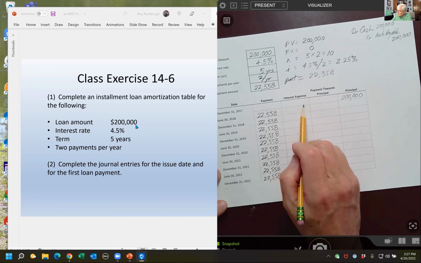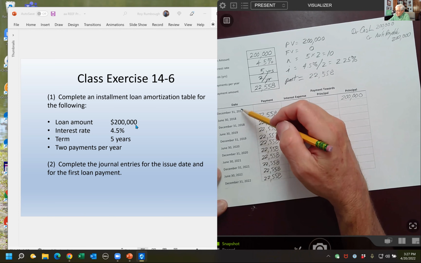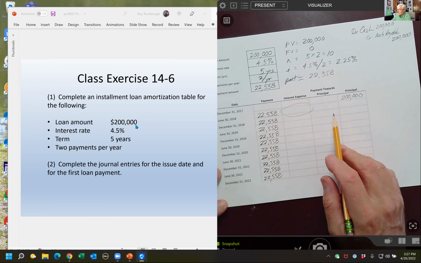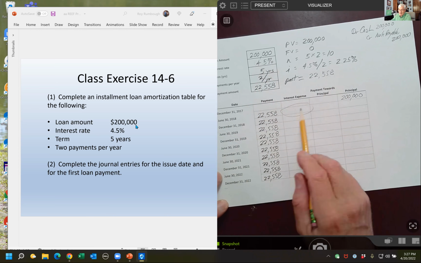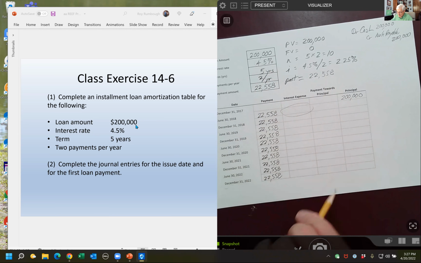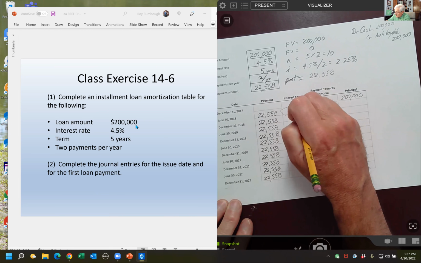Okay, and now what is interest expense? It's 6 months, so it's half of the 4.5%, 2.25% times the principal balance. So I take 200,000 times 2.25%, and I get 4,500.